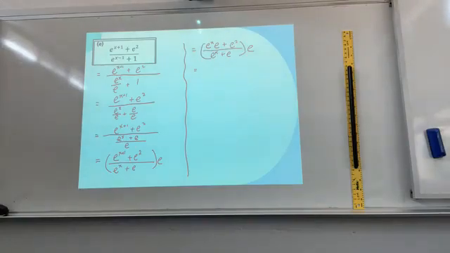Factorize the numerator, taking the e out. I've got e to the power of x plus e divided by e to the power of x plus e times e. So I can cancel that off, and I therefore have e squared.